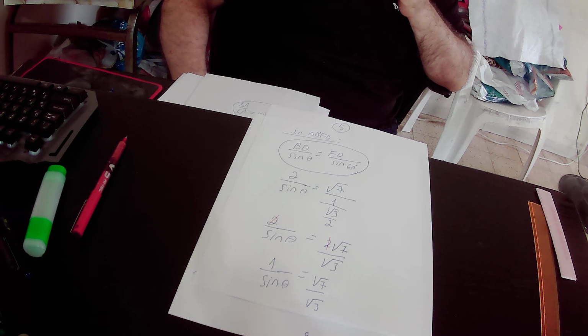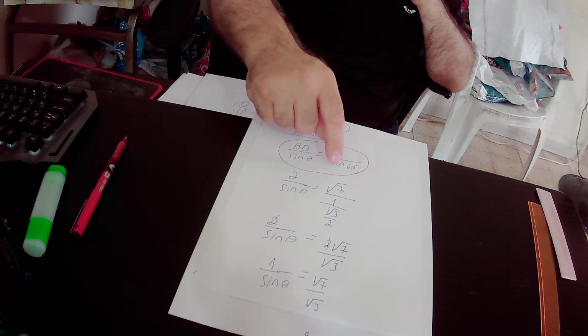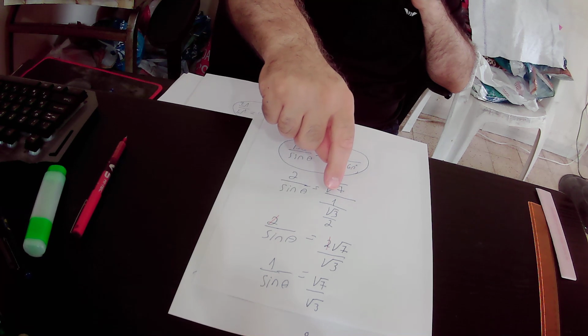We know that BD equals 2 units, FD equals the root of 7 units, and sine 60 degrees is root of 3 over 2.